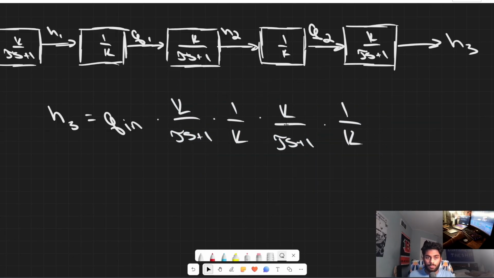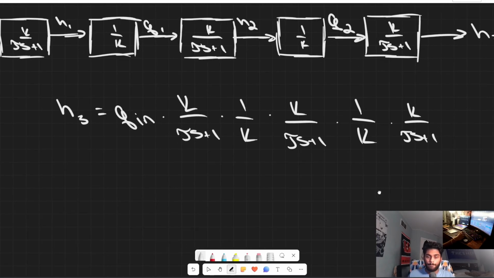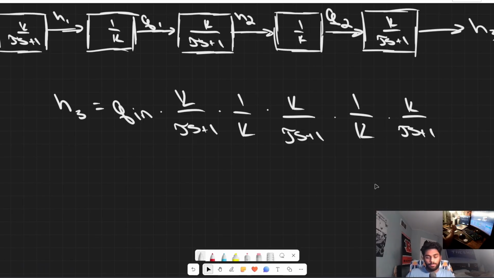Bring this here. And then that last term will also be K over tau S plus 1. That looks a little bit better. And the reason is as such. So I'll show you. We're going to cancel out these K's. This one stays. And our final relationship looks like this.